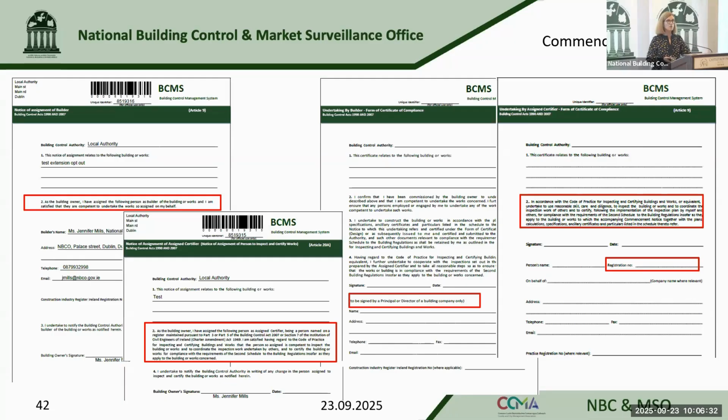So your registration number must appear here. So on your BCMS profile, ensure that you have your registration number included because it will populate on these forms. If they're not there, you're not demonstrating that you're registered and competent.